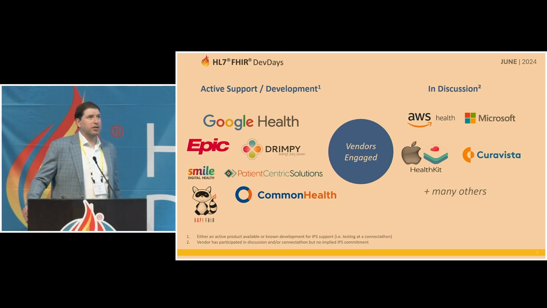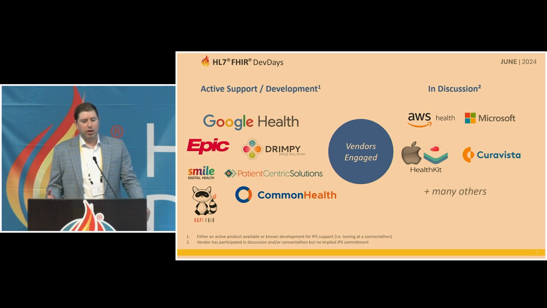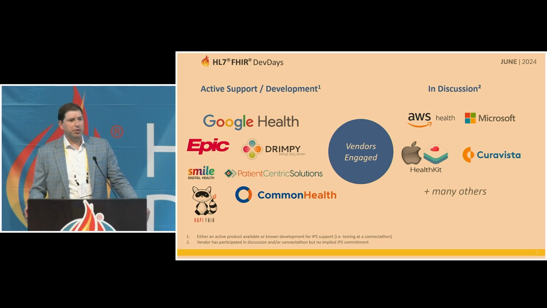In December at the GDHP Summit, Google actually did a proof of concept of the IPS to Smart Health Links and did a demo for the GDHP folks in London, so that was very exciting. We have ongoing talks with all the different tech companies so we're hoping to continue to push.